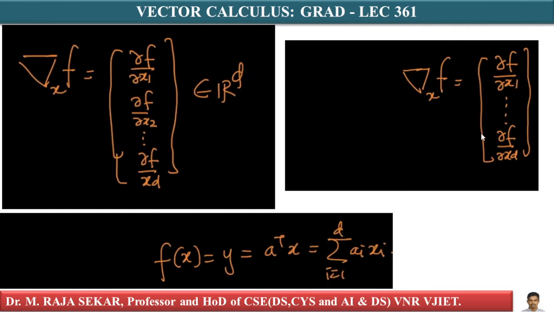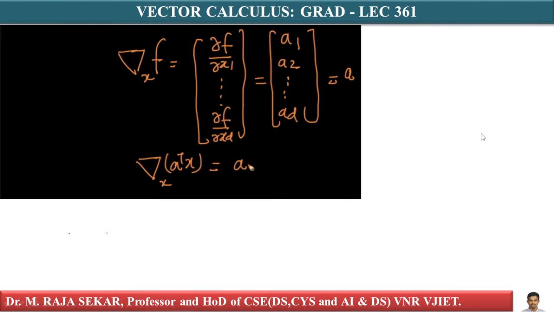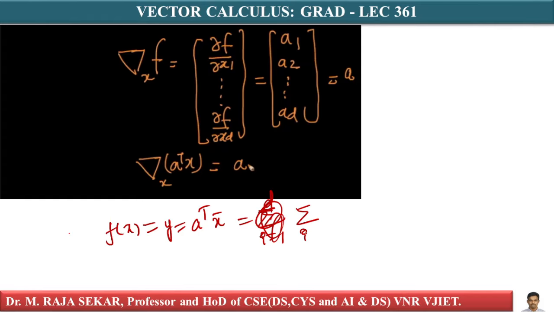What is f of x equal to? F of x equal to y equal to a transpose x bar, that is sigma i equal to 1 to d of ai xi.